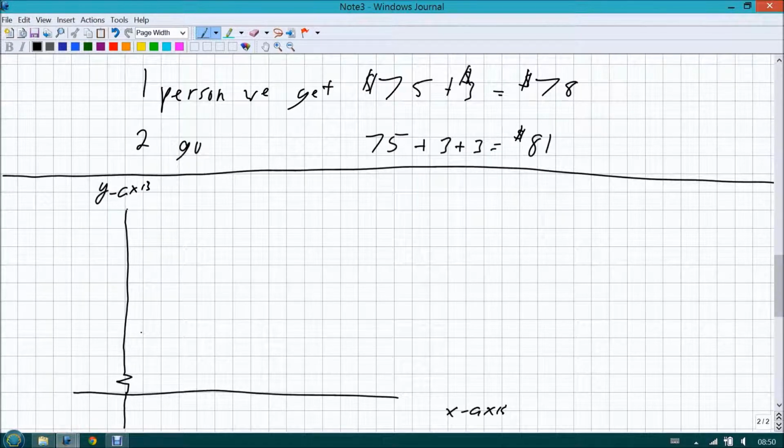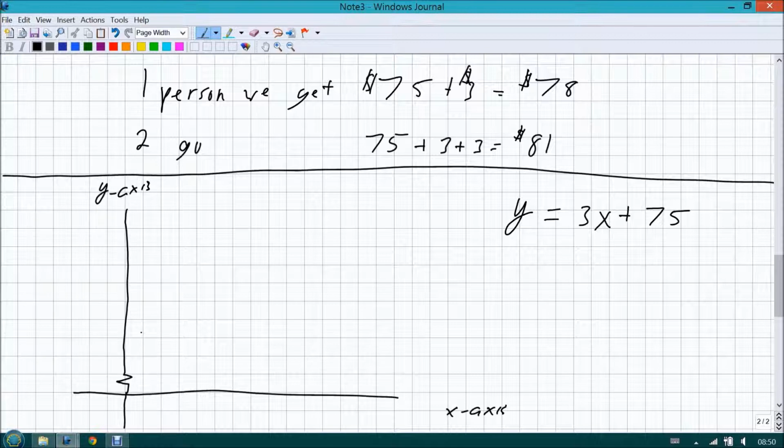And what we are going to do is graph our situation. We have a situation where our output, or how much money we have at the end, is equal to 3 times the number of people that go plus 75.